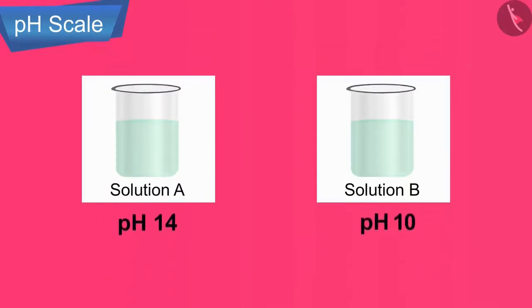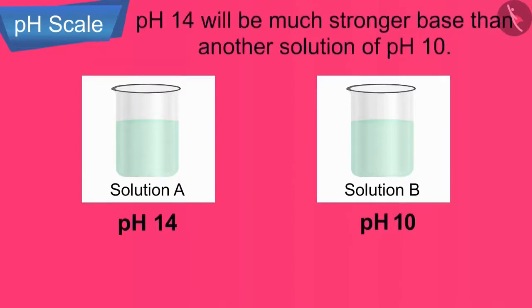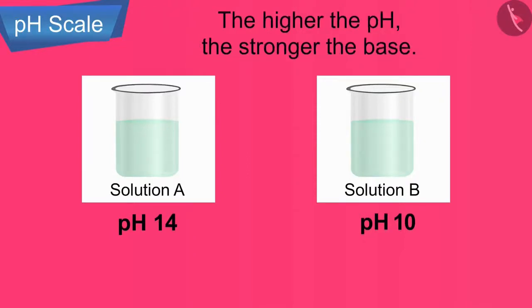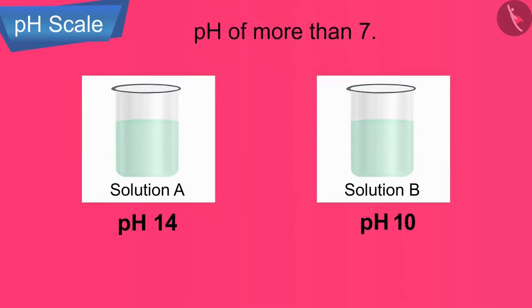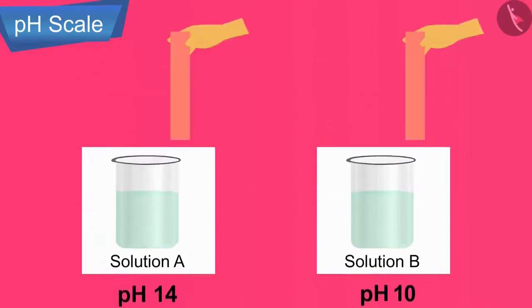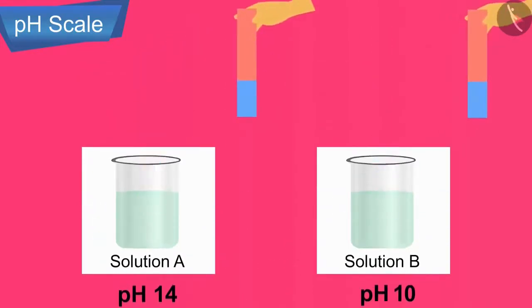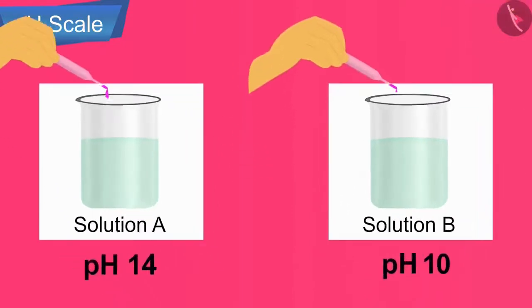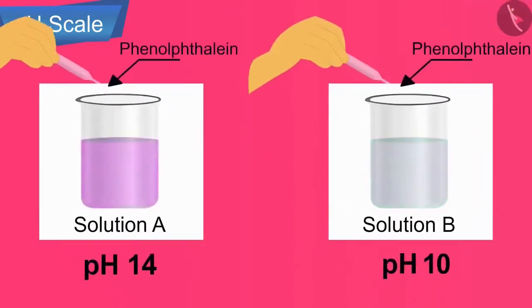In simple words, a solution of pH 14 will be a much stronger base than another solution of pH 10. So, the higher the pH, the stronger the base. All substances having a pH more than 7 are basic in nature, and hence they turn red litmus blue, and they turn phenolphthalein indicator pink.